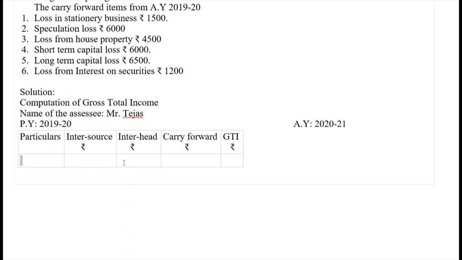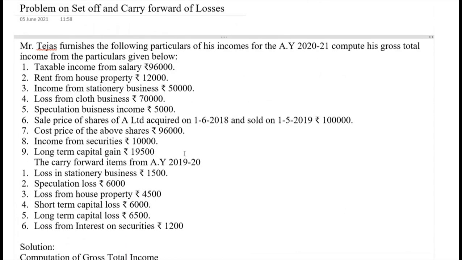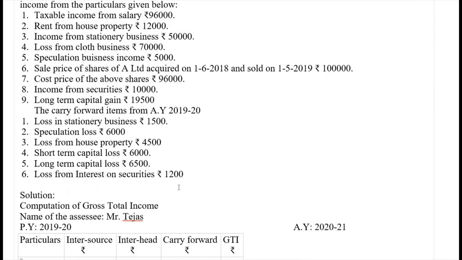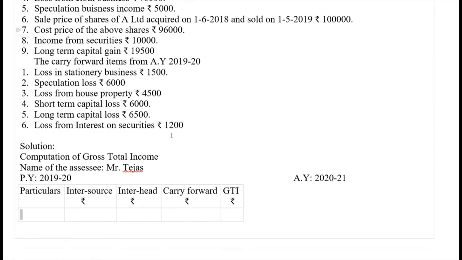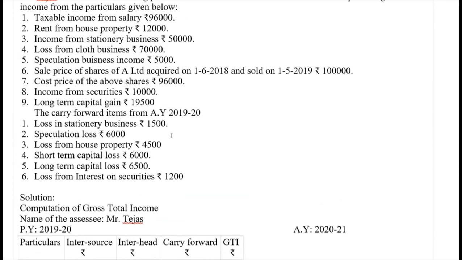First, let's discuss. There's income from salary of rupees 96,000. There's rent from house property; we need to compute income from house property, against which we adjust the brought forward loss from house property. Income from stationery business is 50,000, with a brought forward loss of 1,500 to be adjusted.